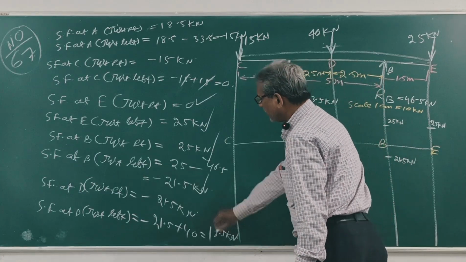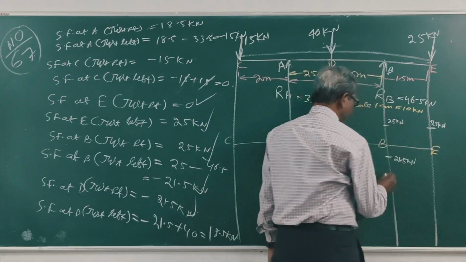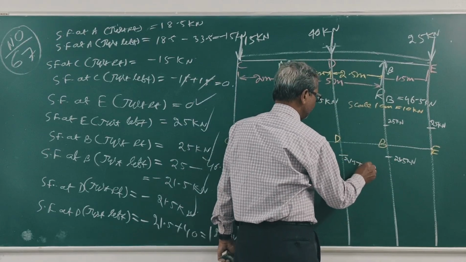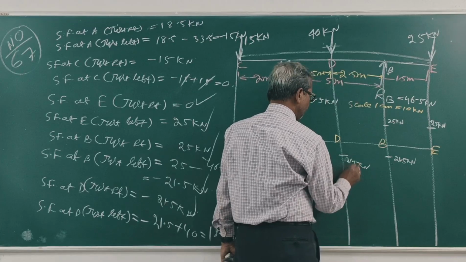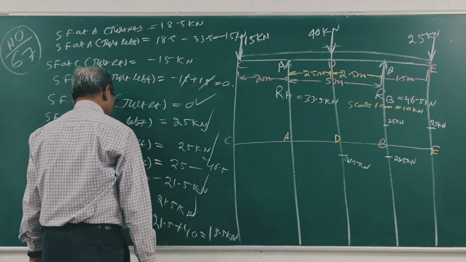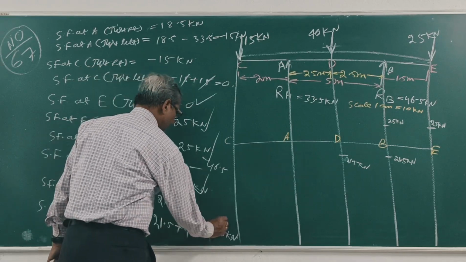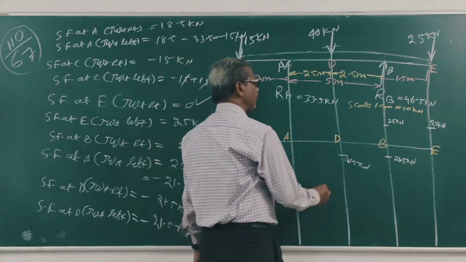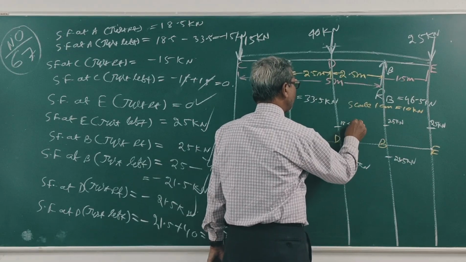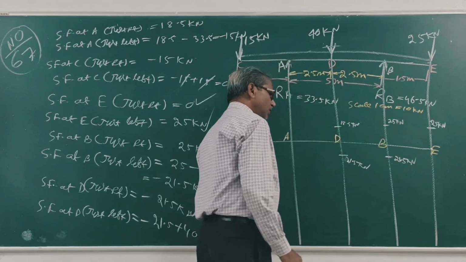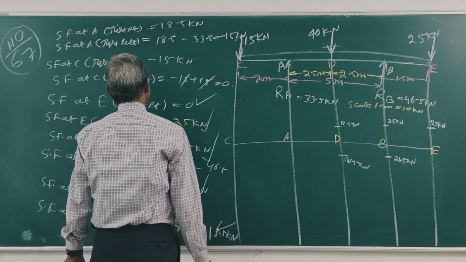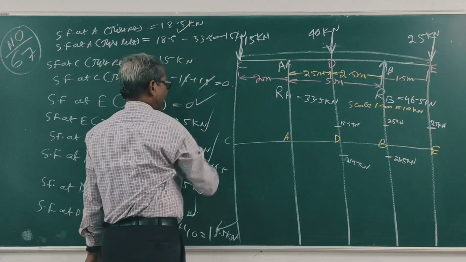D just right, minus 21.5. Right? D just left, plus 18.5. A just right, 18.5.